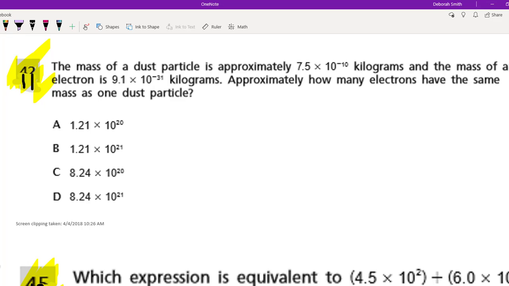So we've got dust particles and electrons and their masses. Approximately how many electrons have the same mass as one dust particle?